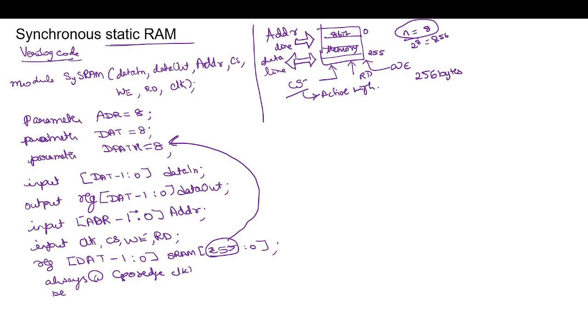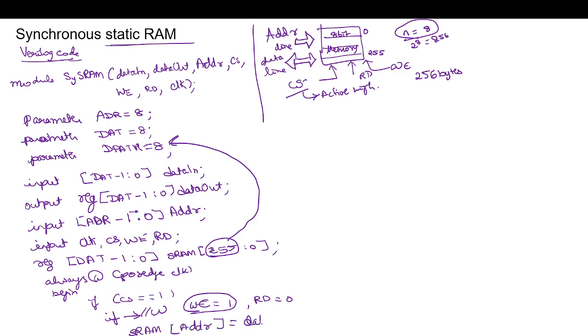Begin. If my CS is equal to 1 and say write operation, that means my WE is equal to 1 and RD is equal to 0. So this statement you have to write. At that time it is write operation, so to the SRAM at that address, I will be writing the data.